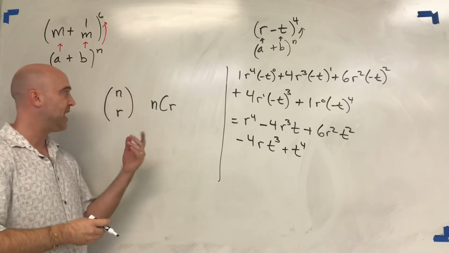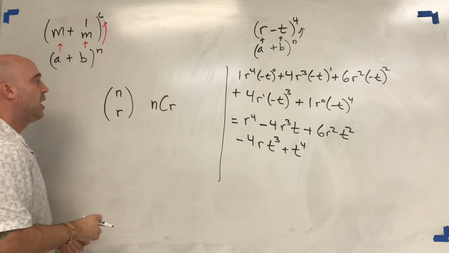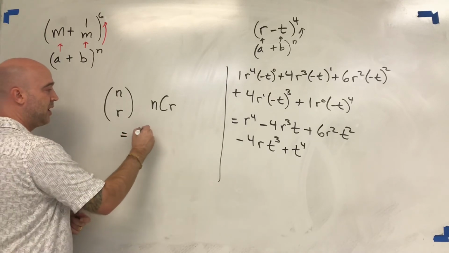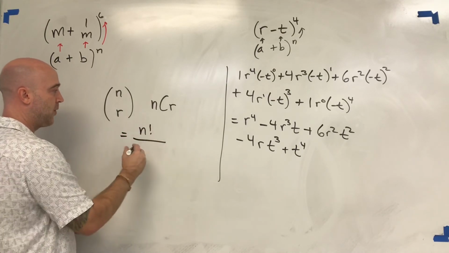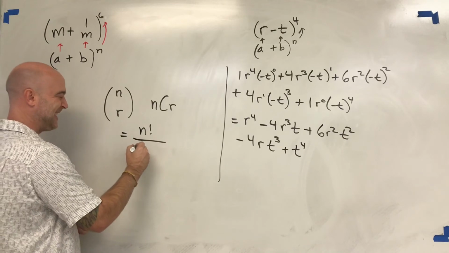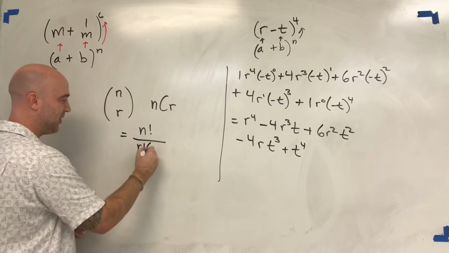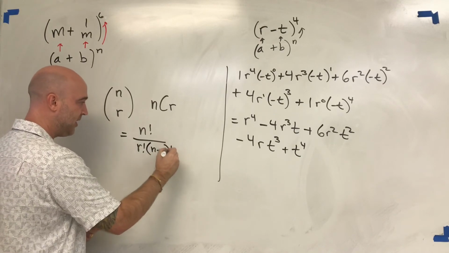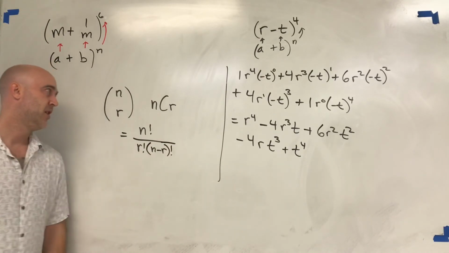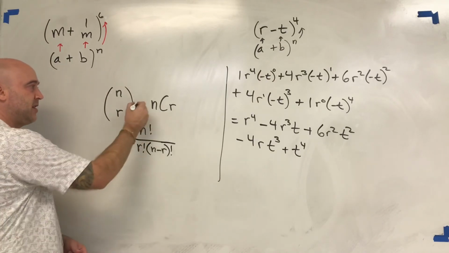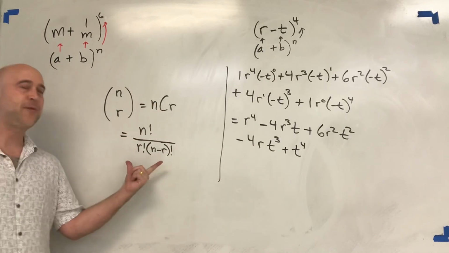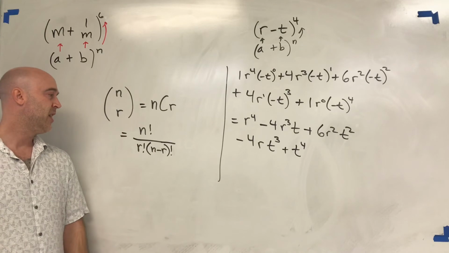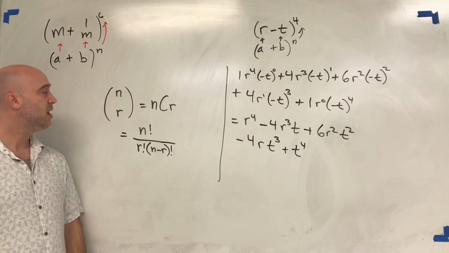There's a few other notations, but I think those are the main ones. This turns into n factorial over r factorial times n minus r, quantity factorial. Okay, so this is our formula, and I just plug them in the context that it's in.